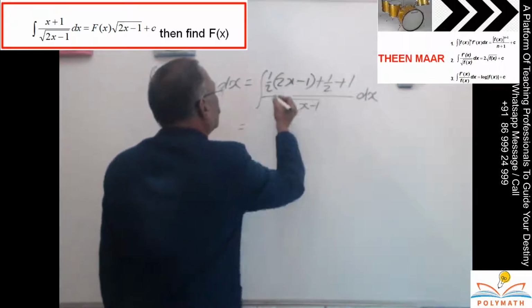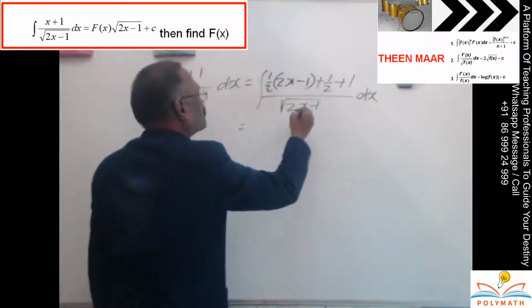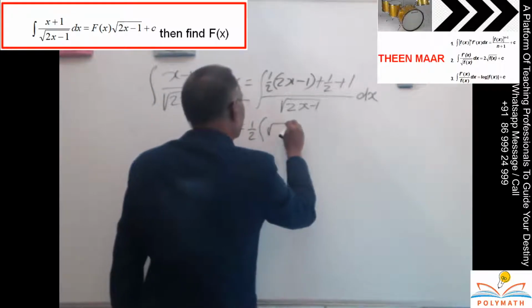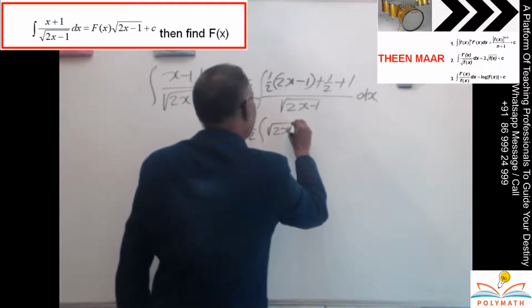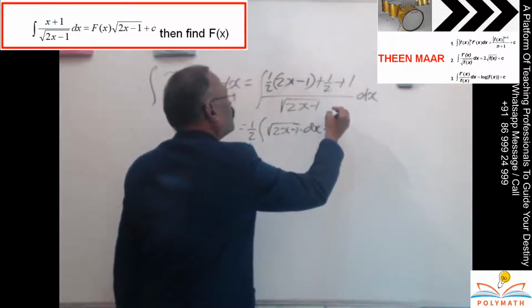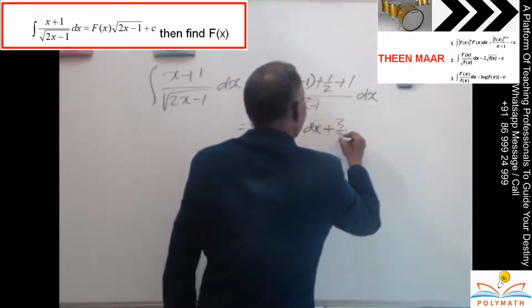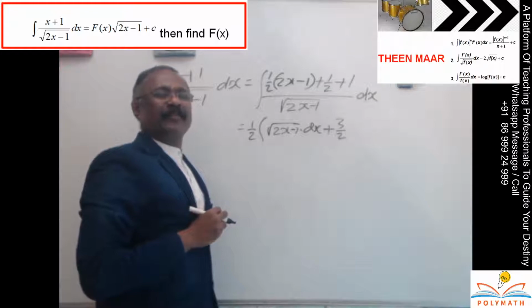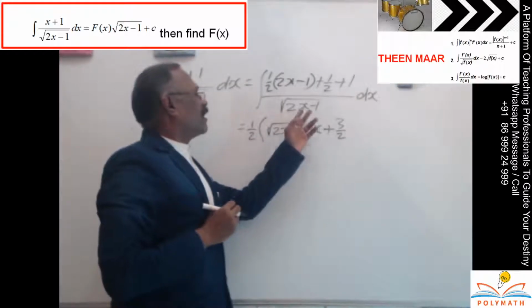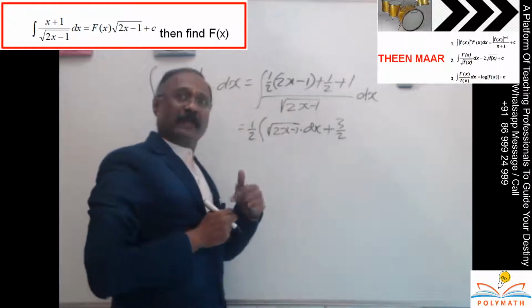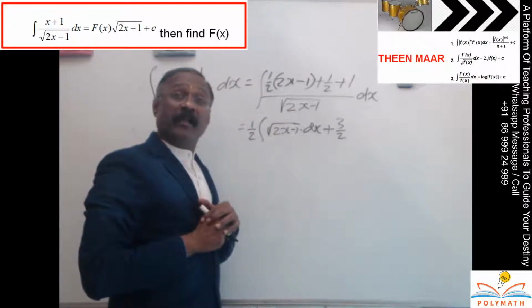Just to say this now. This is, if you split it, it is 1/2 integral of root 2x - 1 dx plus 3/2 into, just again, no confusion, it is Maar 2, f'(x) by root of f(x).